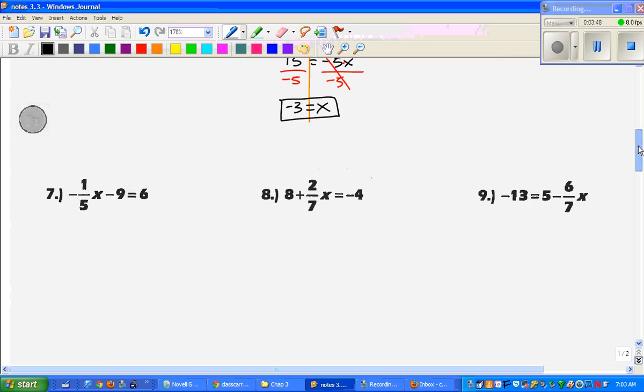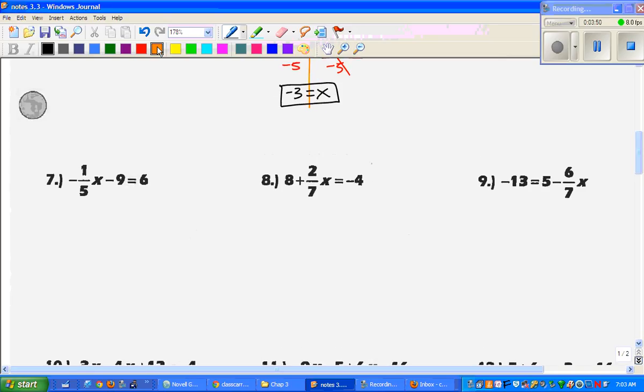All right, let's move on to 7. I'm going to draw my line down the middle. I see subtraction, so to get rid of subtraction, I add. Negative 1/5 x equals 15. And now we have a fraction right here, so I'm going to multiply by the reciprocal.